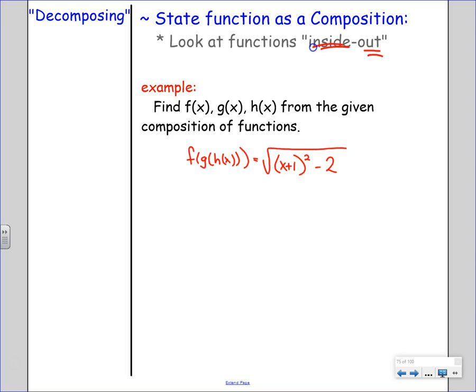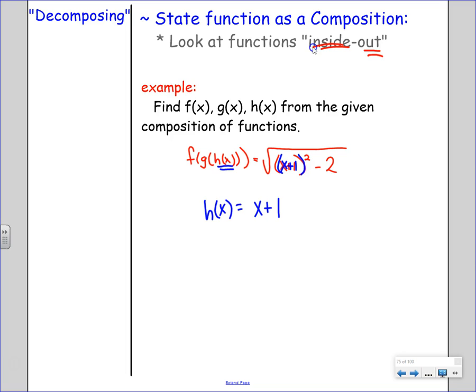So if we're starting inside out, we're going to start with the h of x and say, okay, we're trying to figure out who the innermost guy is, but then looking over here at the function, who do you see that is most within? x plus 1 is not only under the square root, but what is it also? Inside the square. It's under the square root, inside the square. I would agree. Probably the best way to decompose this function is to see h as x plus 1.